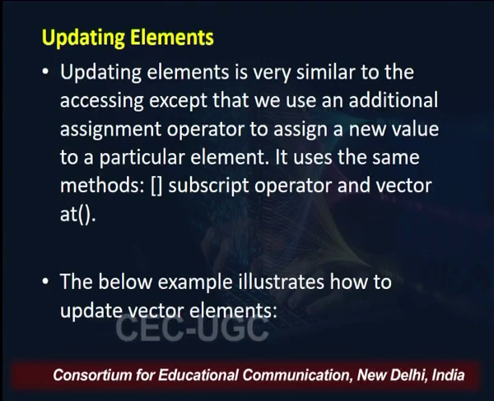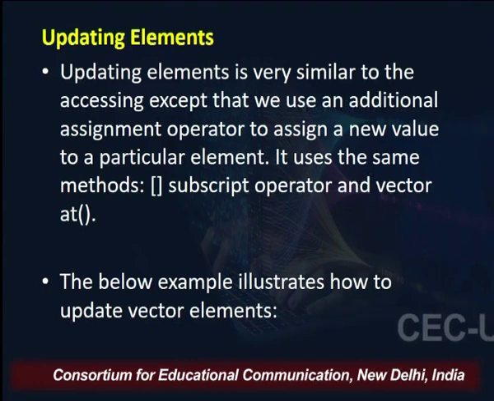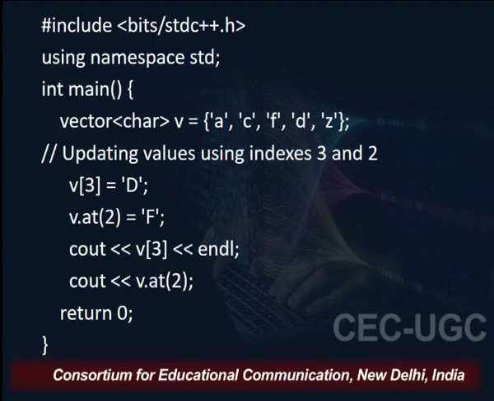So, it uses the same two methods. One is the square bracket, which is the subscript operator, and another one is the vector name dot at method. And how to update the vector elements? Here also we can look with the help of an example.